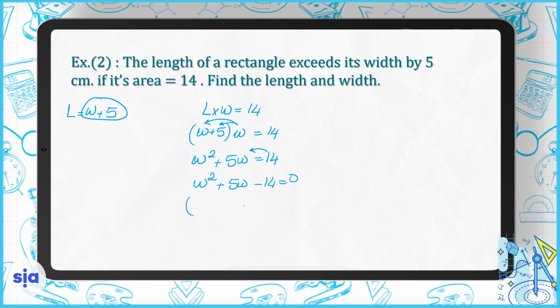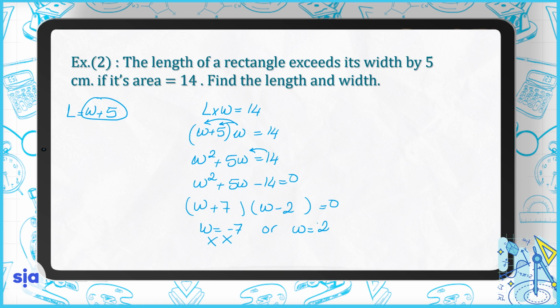I want to find two numbers whose difference is 5 and whose product is 14. Yes, excellent, there's 7 and 2. So W equals negative 7 or W equals 2. As long as W represents the length of the width, we cannot have a negative length, right?